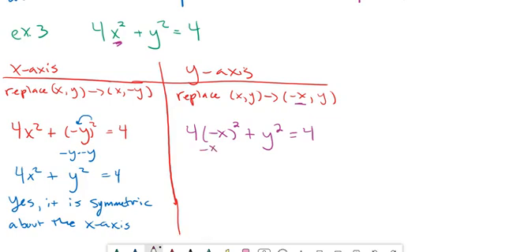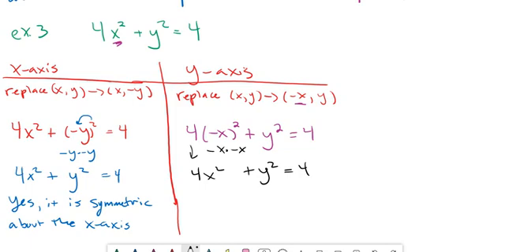All right, so this section right here, the negative x squared, is really saying negative x times negative x. So we still have the 4. Negative x times negative x. A negative times a negative is a positive. X times x is x squared. Plus y squared equals 4.